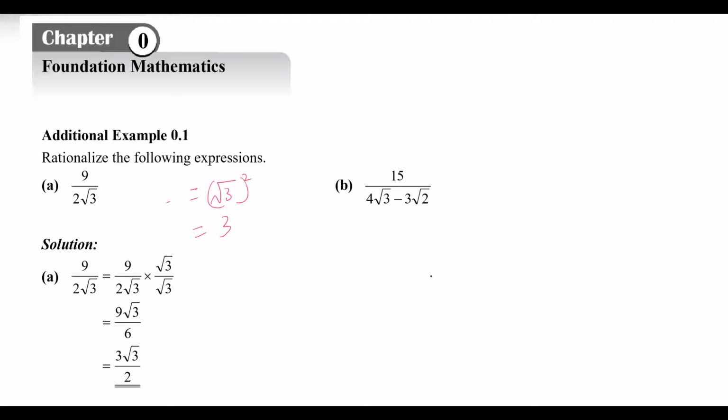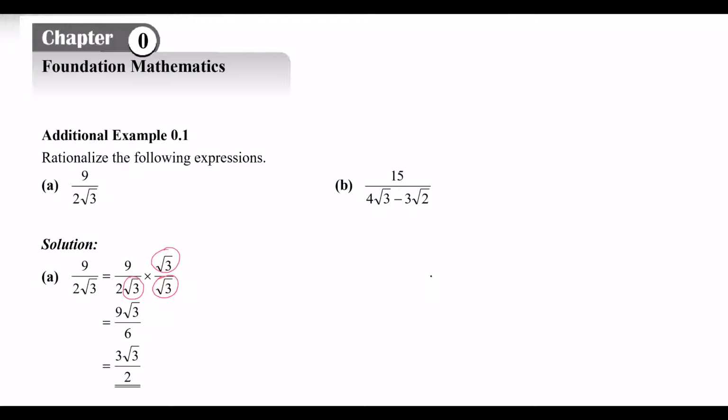Look at the solution here. We have square root 3 in the denominator, and then we multiply with square root 3. And in order to keep the fraction unchanged, we have to multiply the same number to the numerator. That's why we multiply the whole fraction by square root 3 over square root 3.